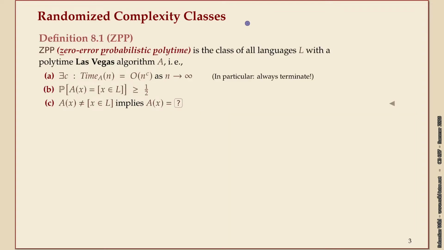And with that, we can define several potential classes of problems. The first one is called ZPP, the zero error probabilistic polytime algorithms or languages. It's the set of all languages for which there is a Las Vegas algorithm. Polytime is of course important, but that's going to be part of all these definitions.